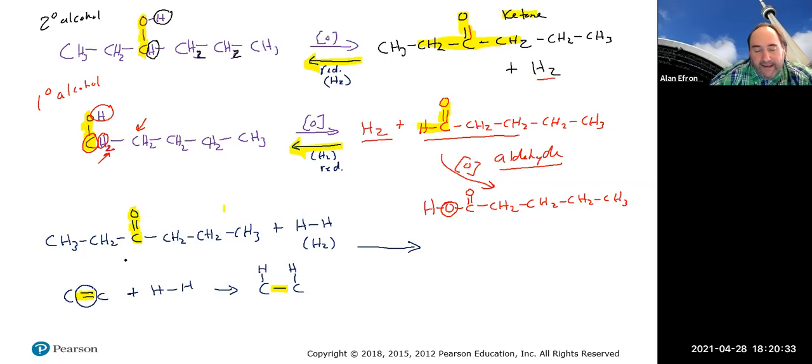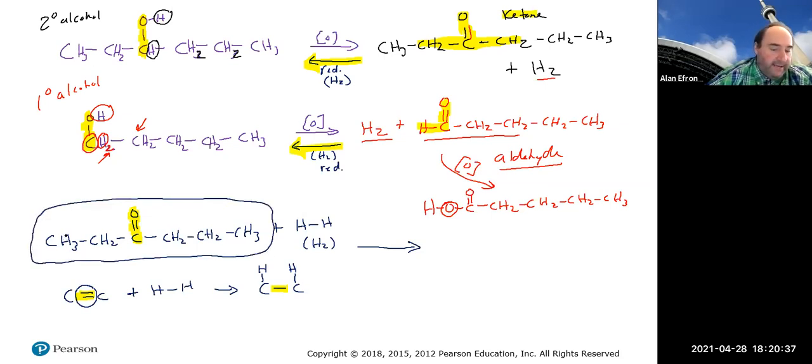This entire molecule is going to be exactly the same. Nothing's going to change other than we're going to, in this case, remove the double bond. So if we did that, we would end up with this now becoming a single bond.